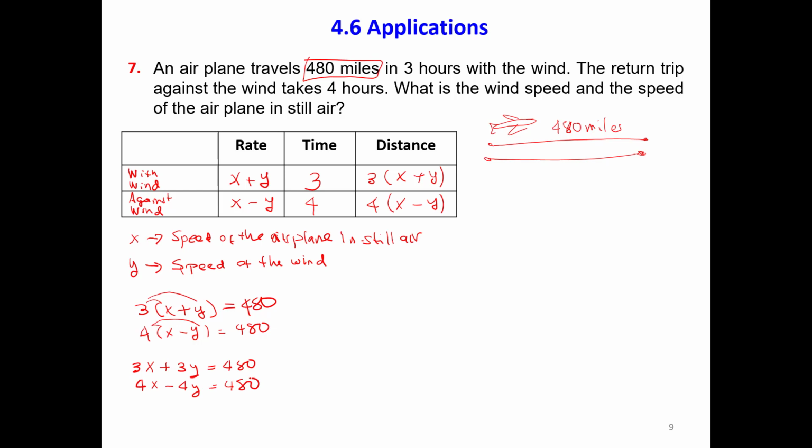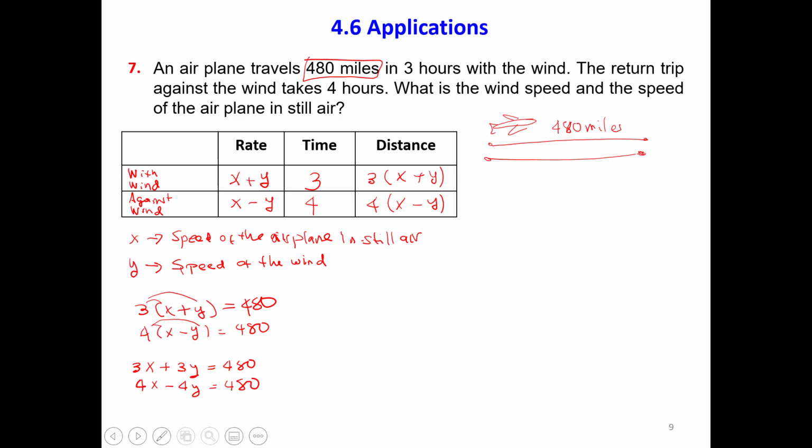Now let's review. Let's solve this by elimination. If we want to solve by elimination but we have different coefficients, different values along with the variables, then because this is positive and this is negative, we want to eliminate y. But to eliminate y, we need to get the same number here. Because we had 3 and negative 4, the first thing we need to do is to find the LCD.